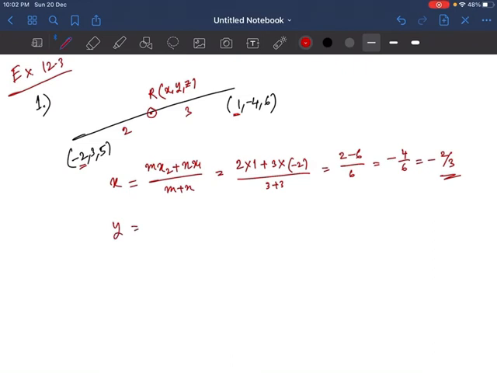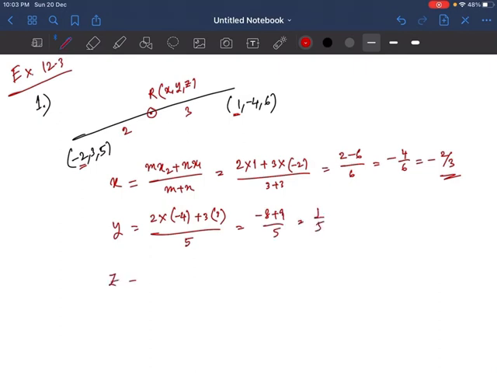So that is my x coordinate we got. So what is the y coordinate? Same thing. It is m into y2, that is -4, then plus n, which is 3, 3 into 3, divided by m plus n, that is 5. So we get -8 plus 9 divided by 5, that is 1 by 5. This is my y.